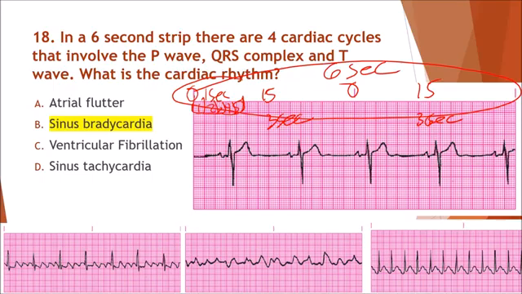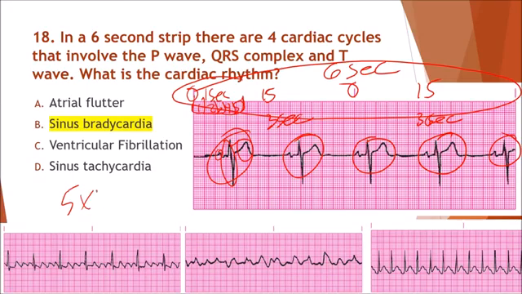Okay, now we're going to count cardiac cycles, and a cardiac cycle is composed of a P, a QRS, and a T. So this is 1 cardiac cycle. 1, 2, 3, 4, and then just go with 5. So we have 5 cardiac cycles, so we're going to multiply that times 10, which equals 50. Now why times 10?